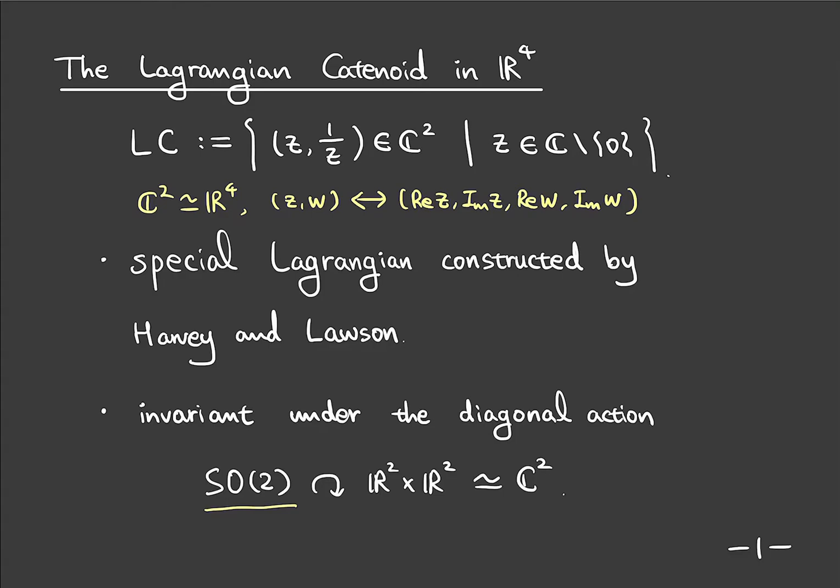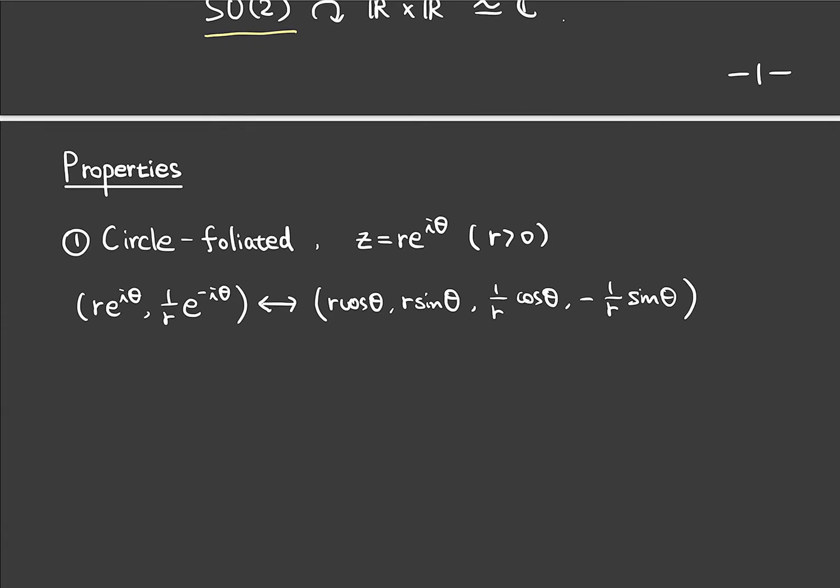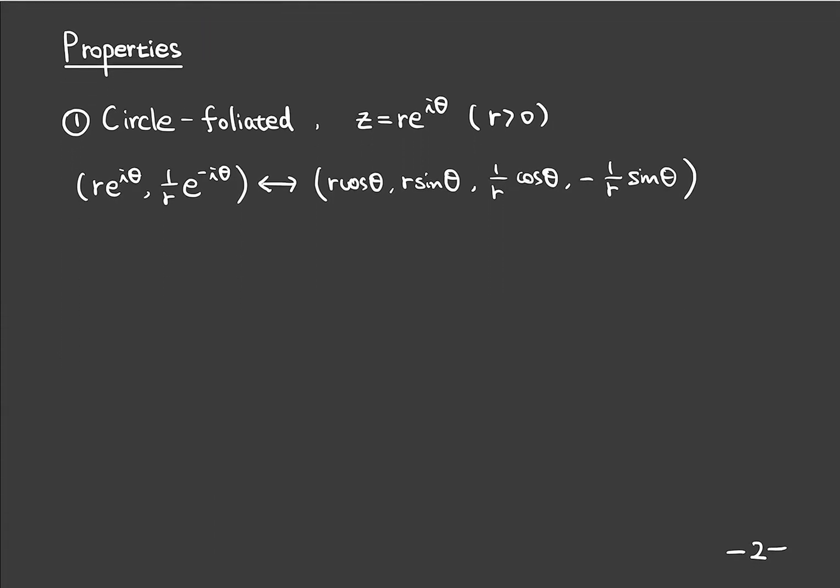Now, let's take a closer look at how the Lagrangian catenoid looks. First, it is circumfoliated. To see this, express z in a polar representation.